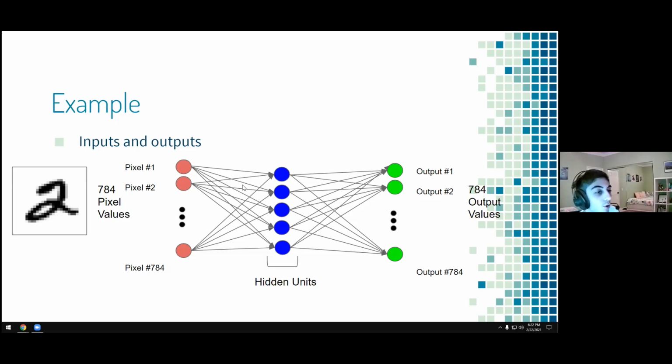And if we're doing a very good job of reconstructing the input, then the difference between the input and the output is going to be very small, and we'll have a loss close to zero, which is what we always want. We want to minimize the loss. So that's how we get around not having labels. And that's what's so beautiful about the autoencoder structure: we don't actually need labels to do this.